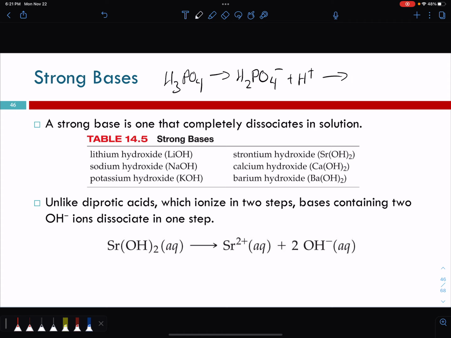We can ionize that again and get HPO4 2 minus and another hydrogen. And so it happens in steps. All of the first protons will be removed from all the phosphates before any of the second ones are removed, and then before any of the third ones. And it actually gets harder and harder for each one that you remove. For bases, that doesn't happen. It just goes straight from strontium hydroxide to strontium and 2 hydroxides.